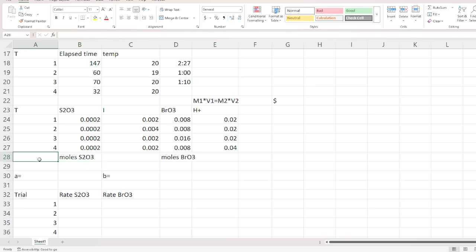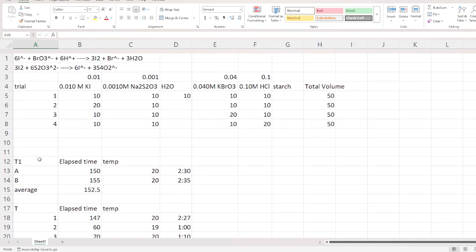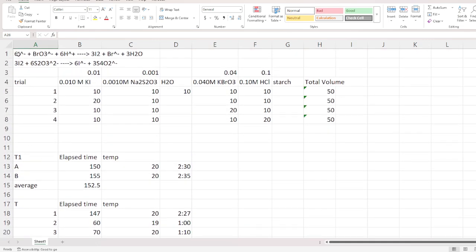Then it asks, how many moles of S2O3 react for every 1 mole of bromate? So let's scroll back up to the top. Well, when reaction 1 happens, 1 bromate consumes 6 iodide to form 3 iodine.